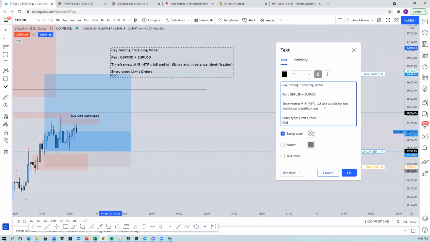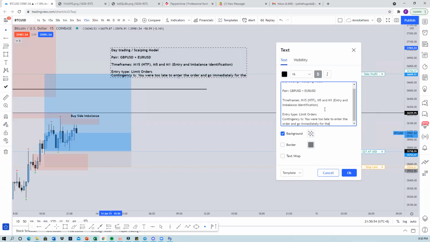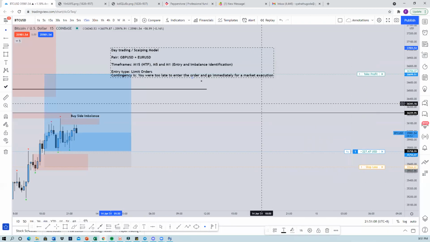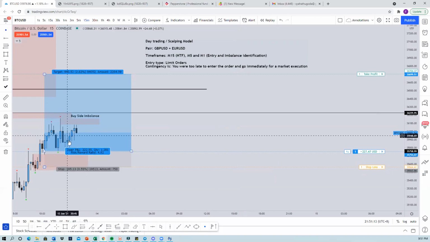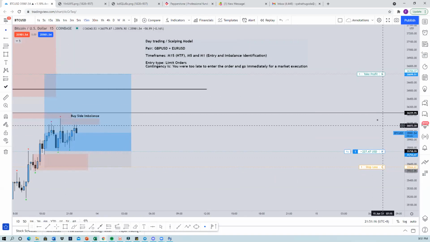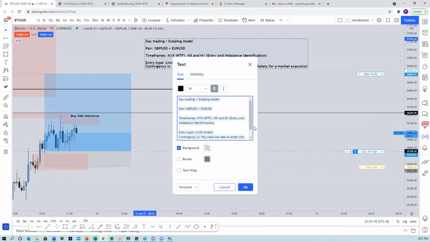All right, and the contingency is: you were too late to enter the trade, and you would immediately go for a market execution, right? That's your entry type. Limit orders; contingency, you missed it, so you immediately go for market execution as long as price is very close to that entry point that you were looking for.